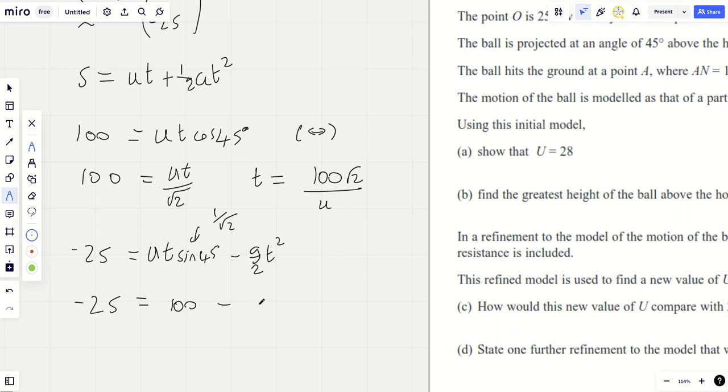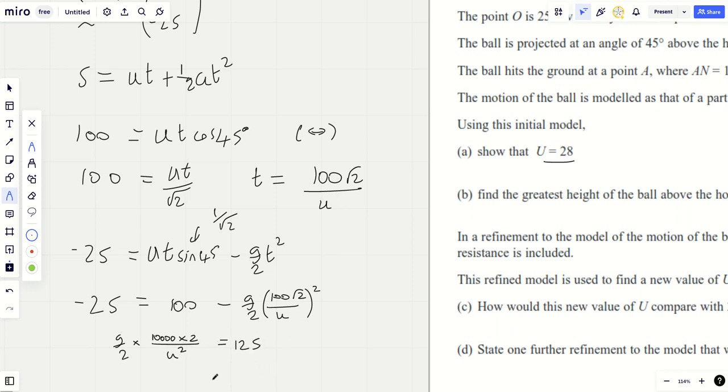Yeah, and then we've got minus g over 2, and I might as well get rid of the t because I want to show u is 28. So let's have this as 100 root 2 over u, and we're squaring that, yeah? So if we just rearrange this a bit, we're going to have g over 2 multiplied by 100 squared, which is 10,000, times by 2 over u squared equals 125, yeah?